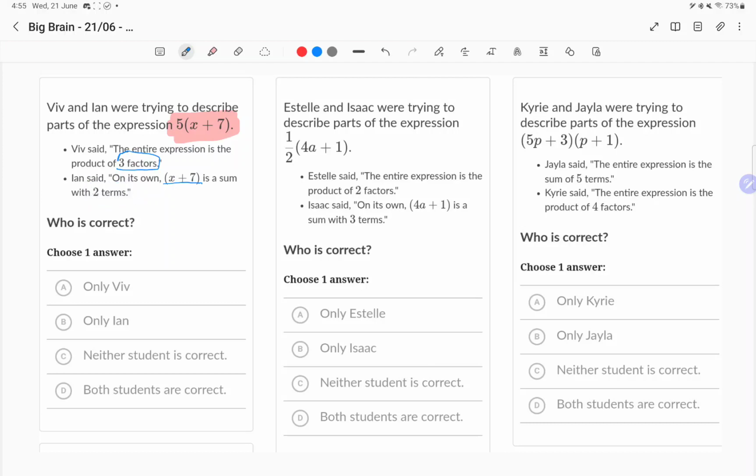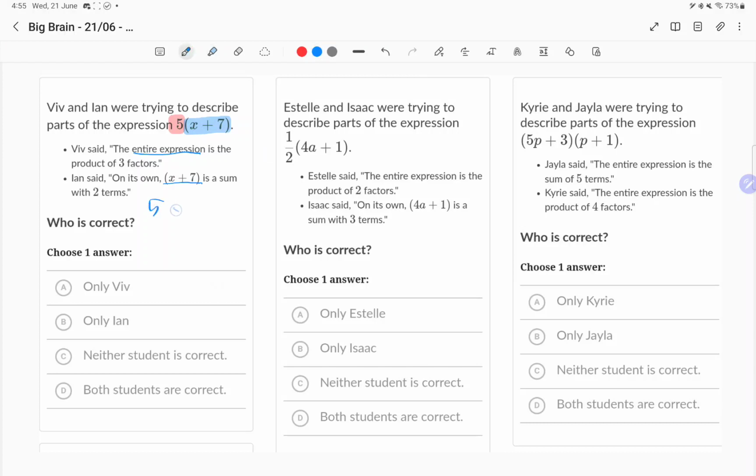Now, in this one, the entire expression, which is this whole thing here, the product of 3 factors. Is it right? No. It's not right. It is a product of 2 factors only. What are they? They are 5 and x plus 7 together. So as a whole, it's just 5 times x plus 7.